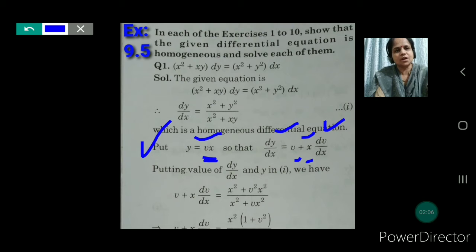Okay, so now putting value of dy upon dx and y in equation first, you will get v plus x dv by dx is equal to, students, x square write as it is, and in place of y you have to write vx. So it is v square into x square, in the denominator it is x square plus vx square.